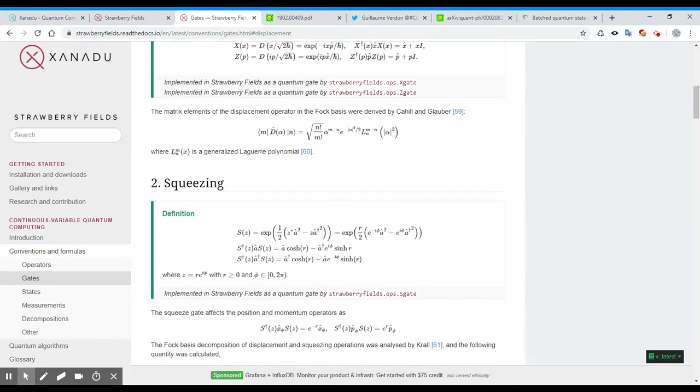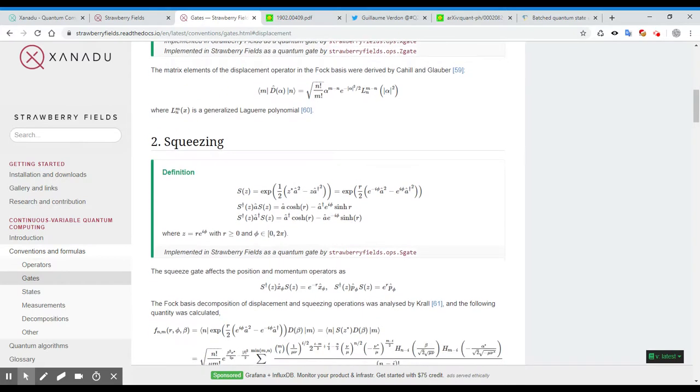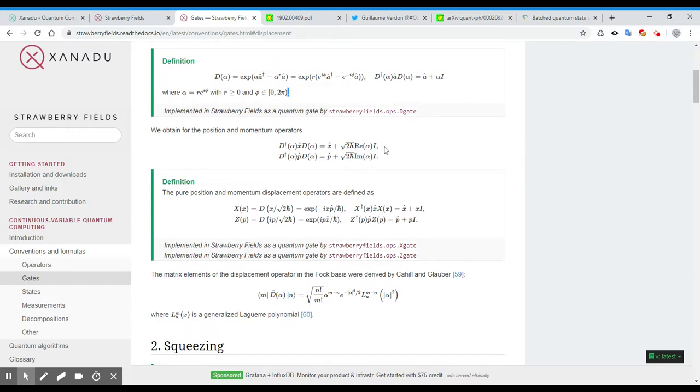Squeezing. Position and momentum operators. Okay, so the imaginary... so it seems the real part is for the position, and the imaginary part is for the momentum.